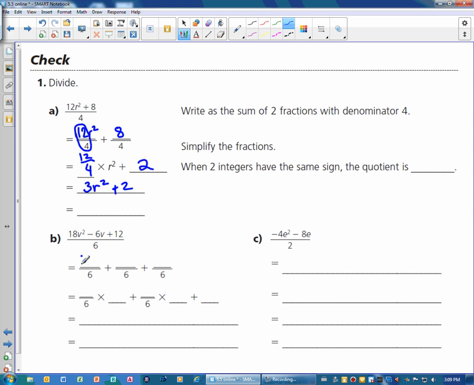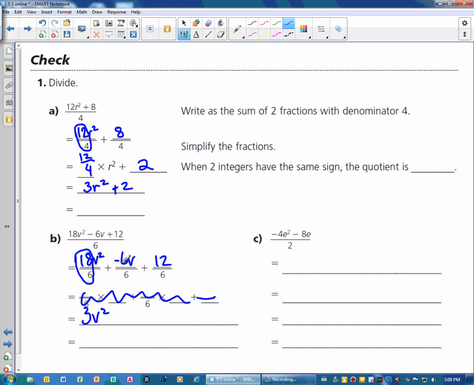B, make sure everything gets divided by 6 separately. Okay, I'm going to skip this step, and I'm going to do them each individually. Okay, remember the v squared can't be divided by the 6. So I'm going to go 18 divided by 6 is 3 with the v squared waiting.